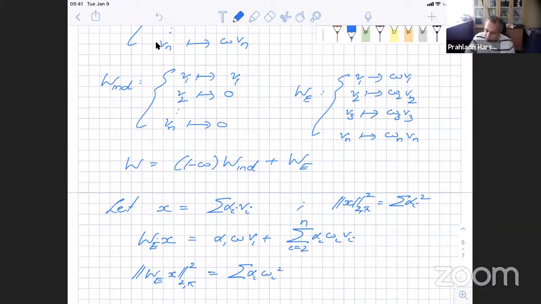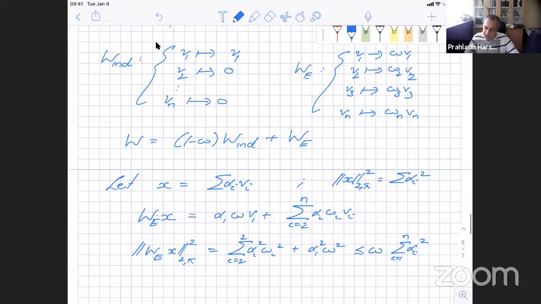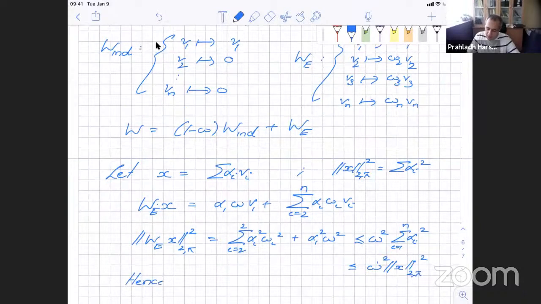Notice that because of the way we chose omega, this is less than or equal to omega times summation alpha I square, I going from 1 to n. The reason for choosing WE, this is less than or equal to omega times omega square times x 2 pi square. This tells you hence WE's 2 pi norm is always less than or equal to omega. This is all I wanted to conclude.